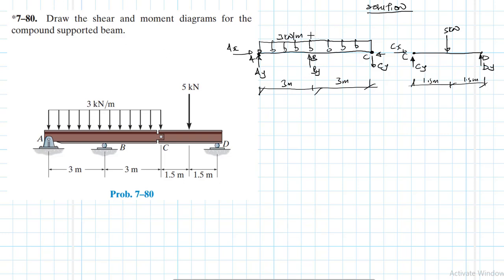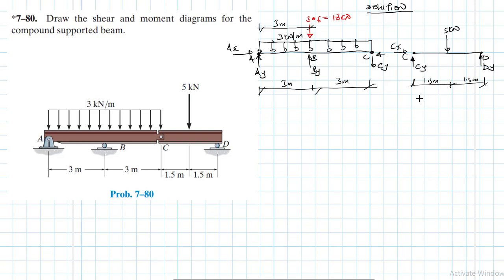We're going to have an equivalent force here that will just be acting directly on the support B, and this is going to be equal to 3 times 6, which is equal to 18 kilonewtons, acting at the location 3 meters.